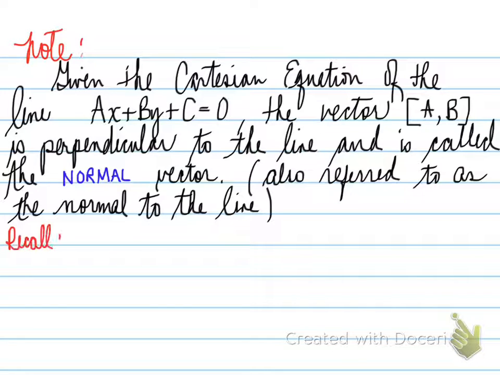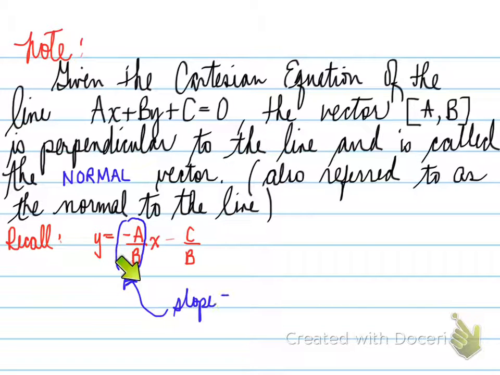So let's look at the equation. If we were to isolate this Cartesian equation for y, you would have y equals negative ax minus c, and then you would have to divide by b. So negative a over b, x minus c over b. What would happen is that this part right here is our slope.